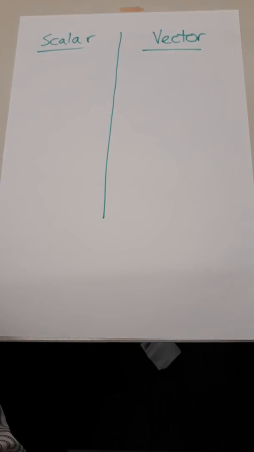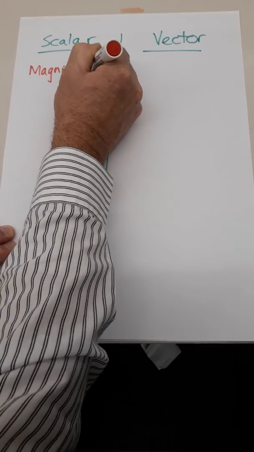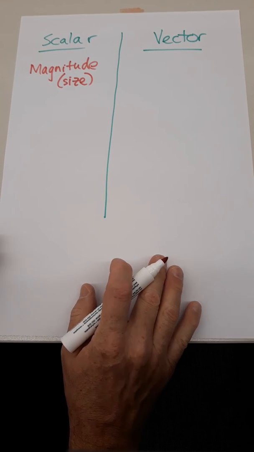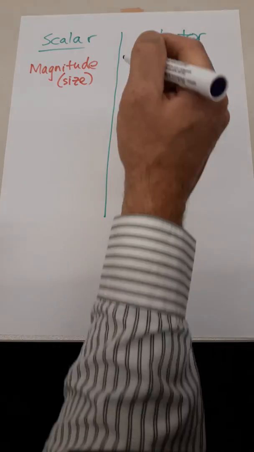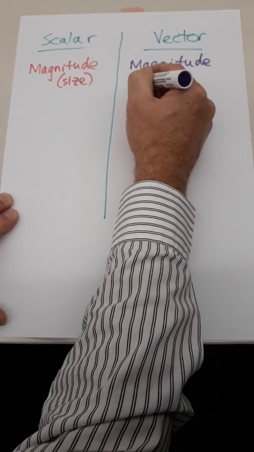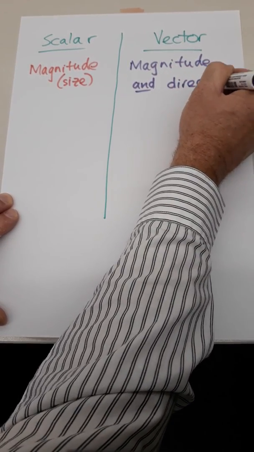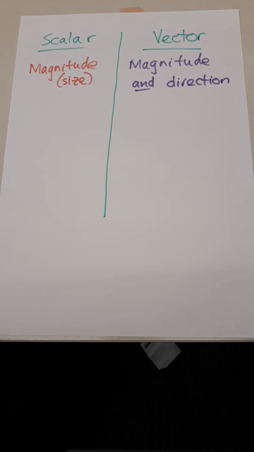Scalars are the ones that have magnitude, that is, size, but no direction, particularly at a given point. Vectors are the ones that have size and direction. Now this makes sense. We're drawing arrows pointing in the direction that the particular vector is acting.